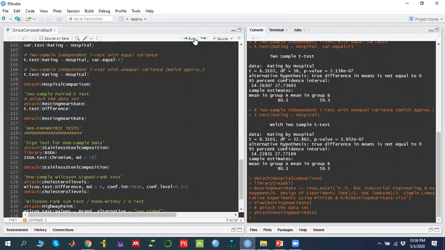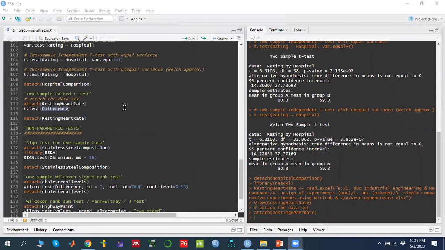So right now, in order to apply the two sample paired t-test, I'm using only the simple t-test. As you have seen, we can apply this t-test on a difference data. How have I computed that difference?